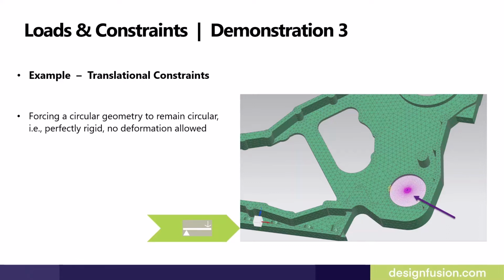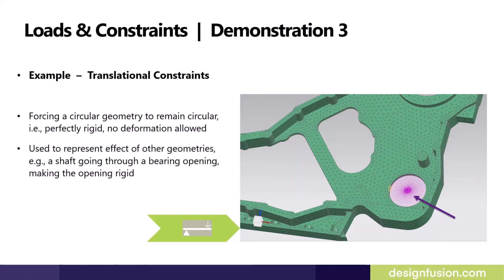Using a 1D type of rigid element, we can represent that this circular geometry remains circular. So there are multiple ways to define a constraint, and in this case we will use a 1D type of element to represent the effect of other geometries.